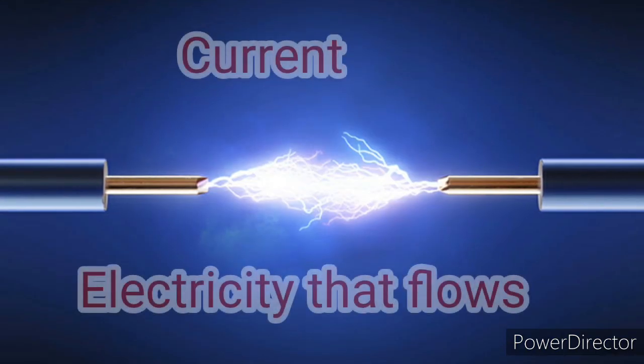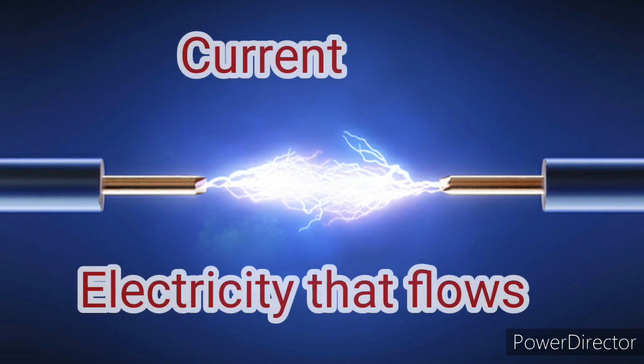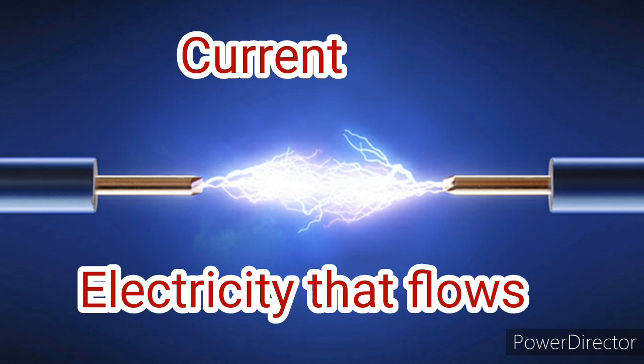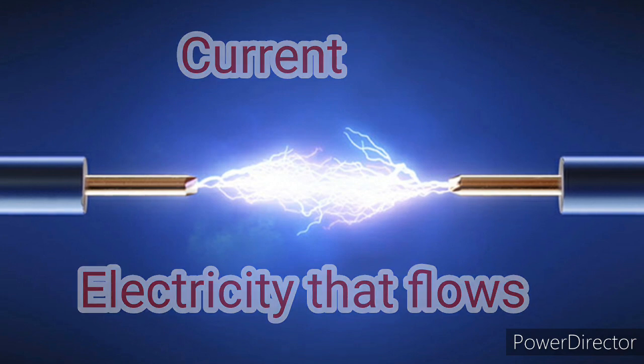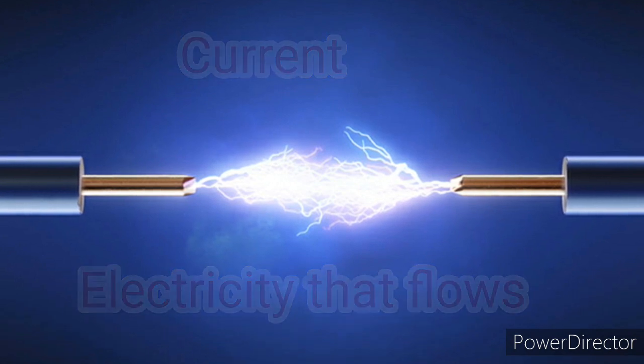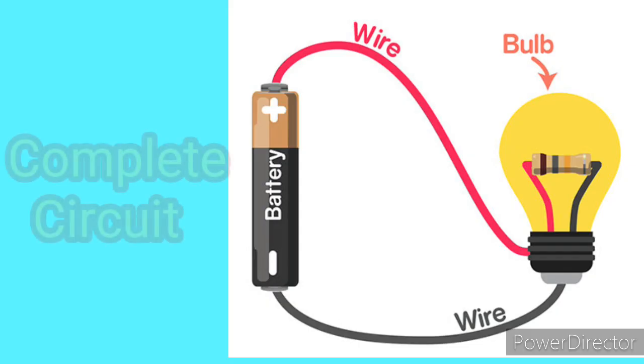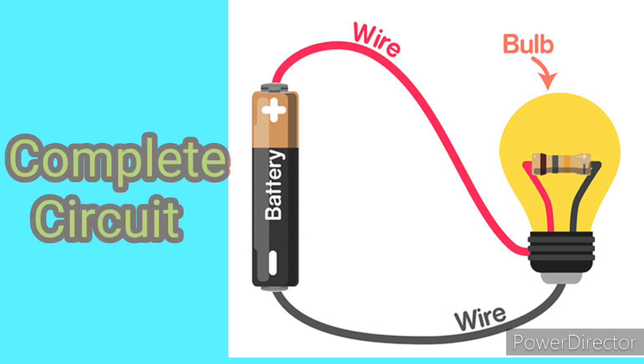Electricity that flows is called a current. A current of electricity can only move in a complete circuit. To illustrate how a complete circuit works, let's use the typical components of a complete circuit as shown in the picture: a battery, a wire, and a bulb.